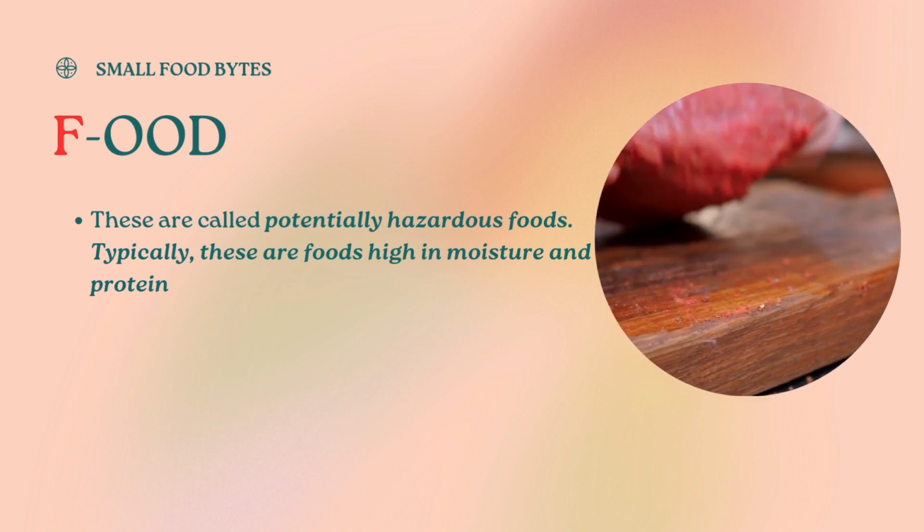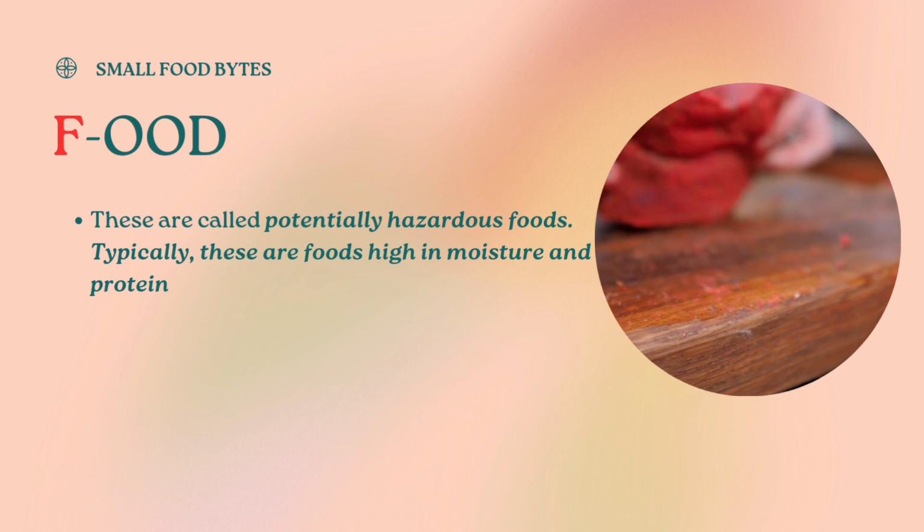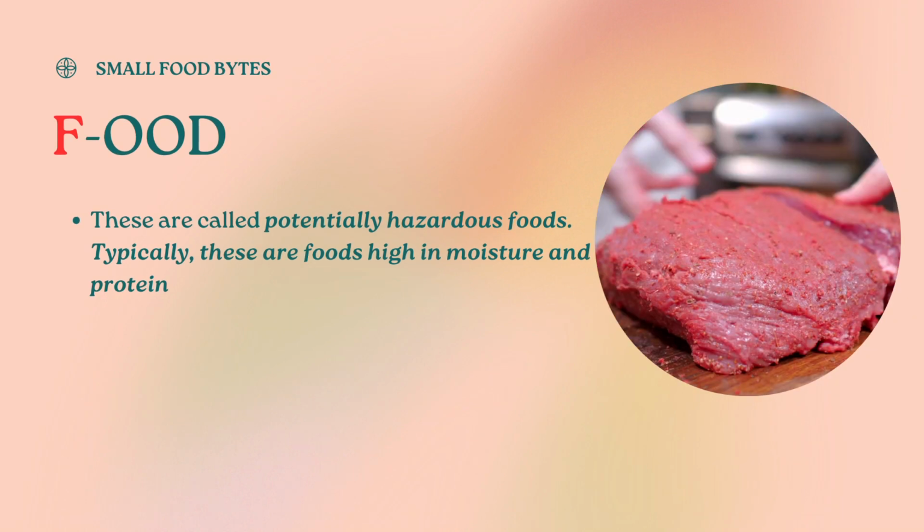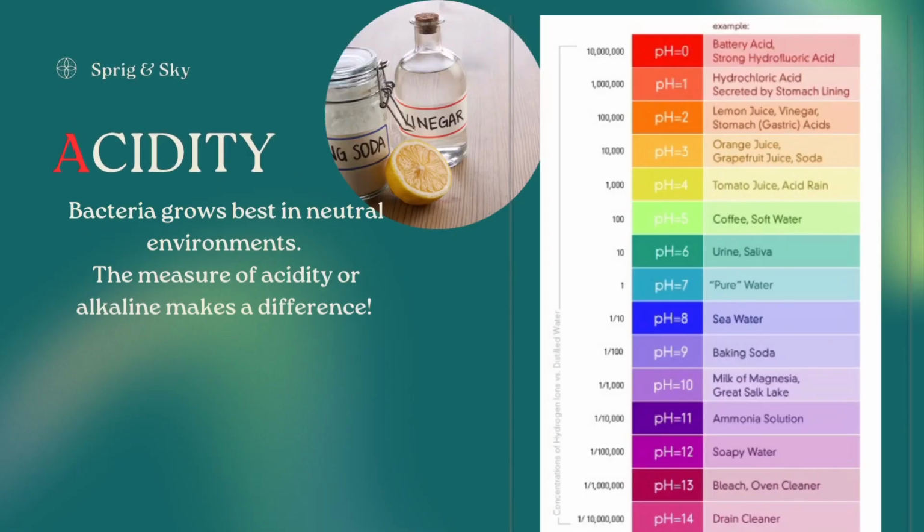And also, they want carbohydrates like cooked pasta and cooked rice. These foods have a high chance of contamination and may give rise to foodborne illnesses. Next up, we'll talk about acidity.